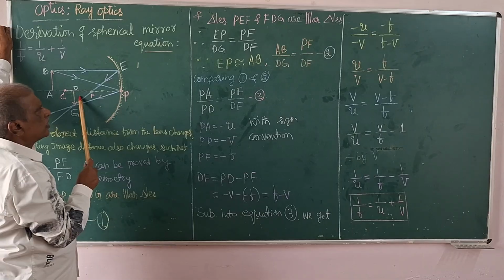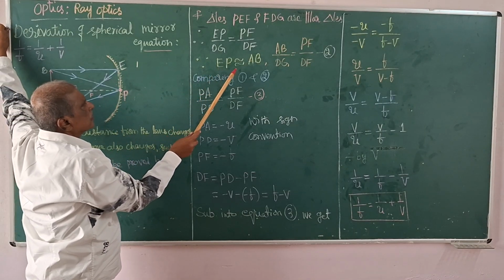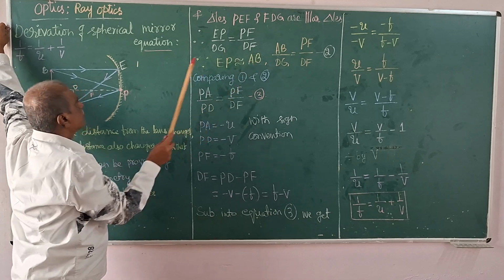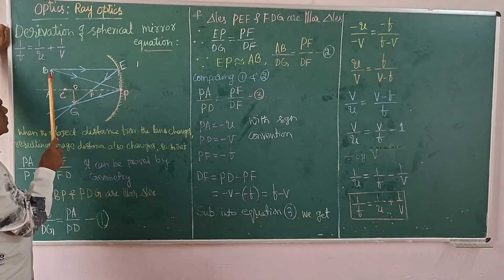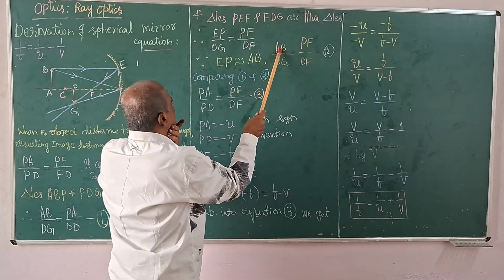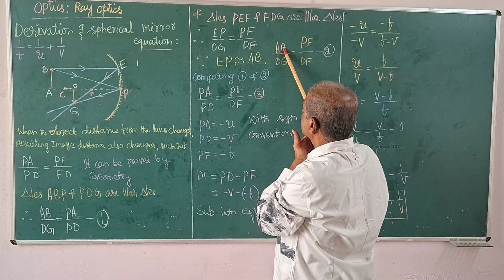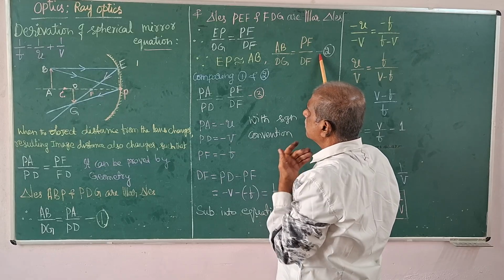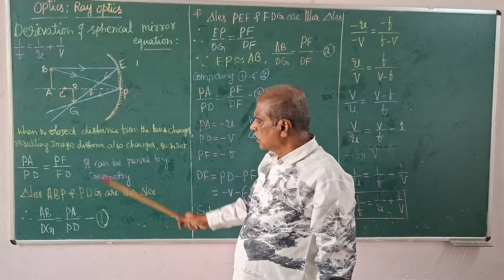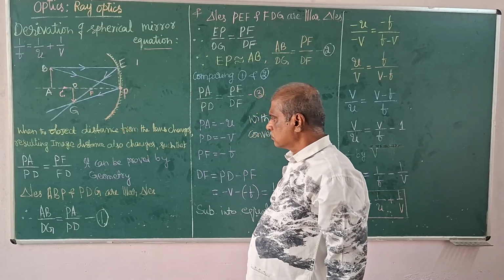And we are making an approximation here, a straight line, then EB is almost equal to AB. This length is equal to AB. So replace EB by AB using this. We get this equation. The equation 2 we get from these two triangles. The equation 1 we get from these two triangles.